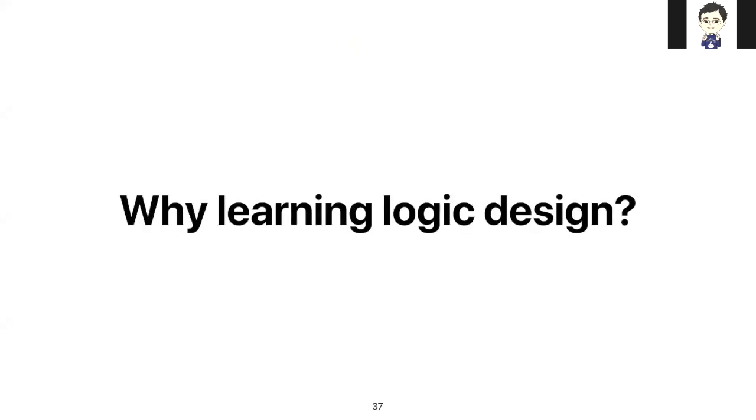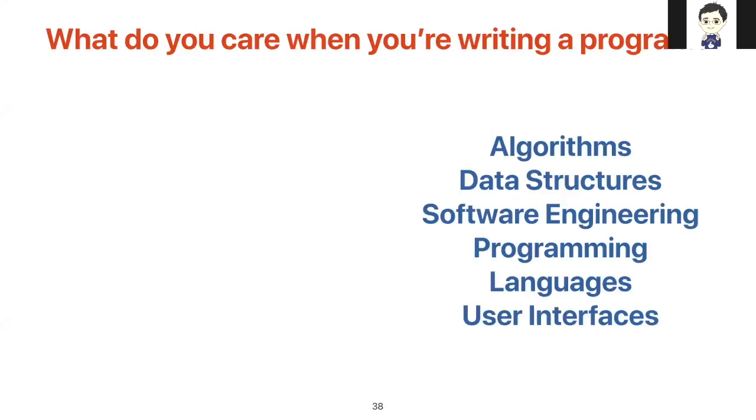So a few of you are wondering why we are learning this logic design. The reason is just that it's really important. For EE majors, you probably know why, but for computer science majors, what do we care about?